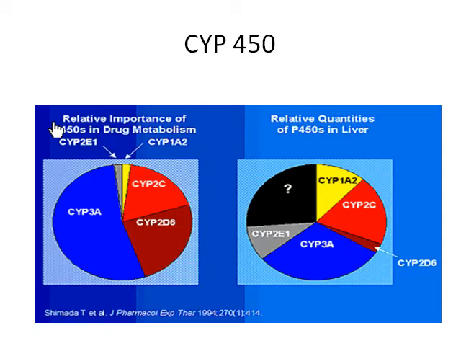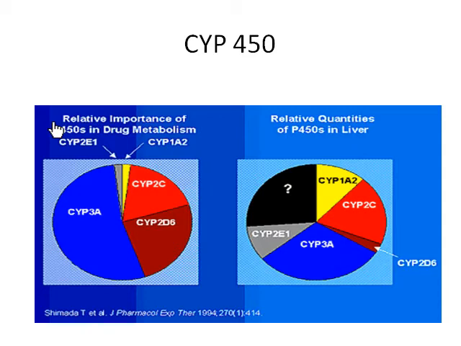On slide 46, one thing to get to know is that if you look to the left side, you will see that over 50% of the drugs that are metabolized are done by the cytochrome P450 3A system.